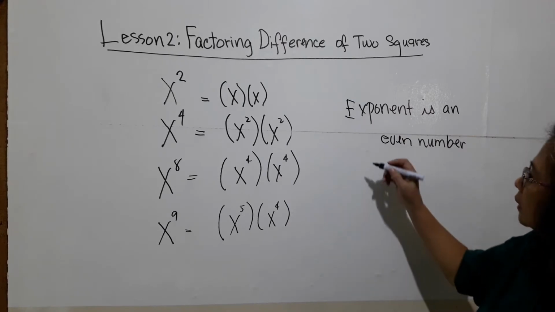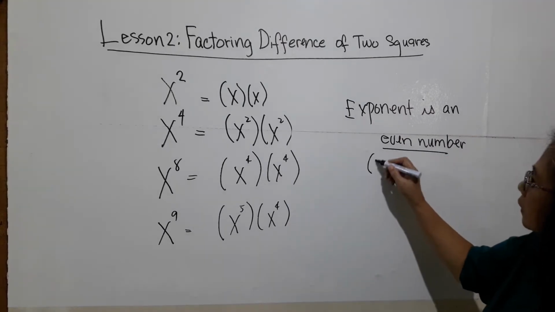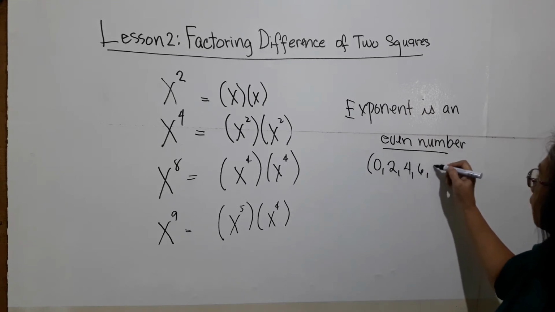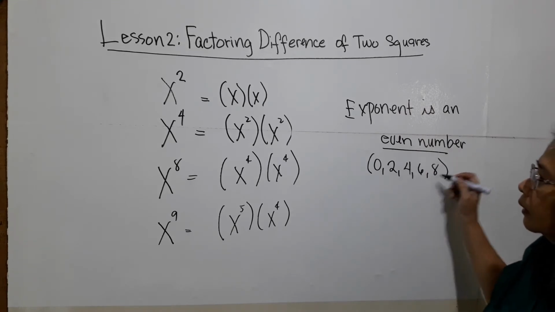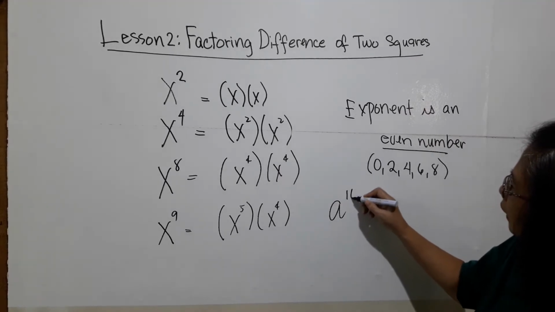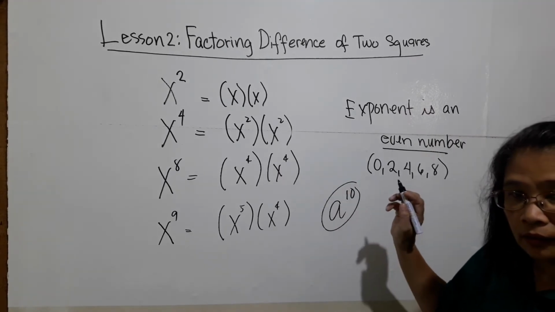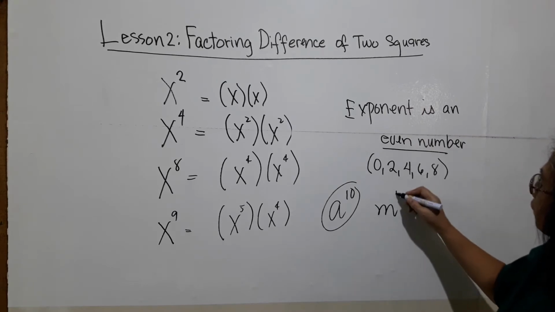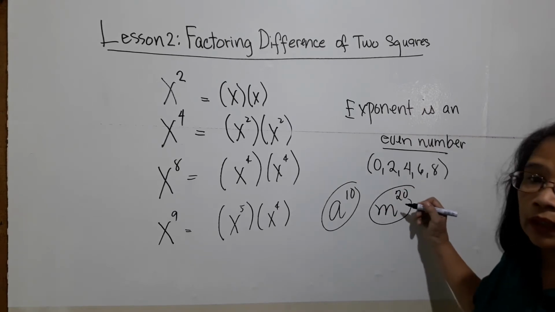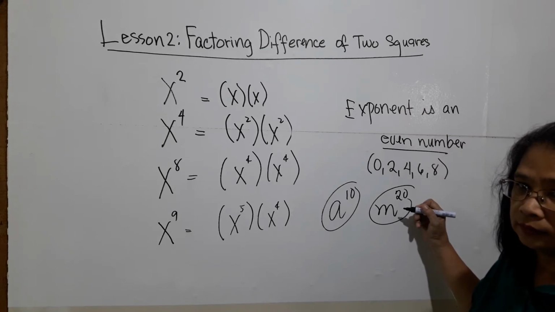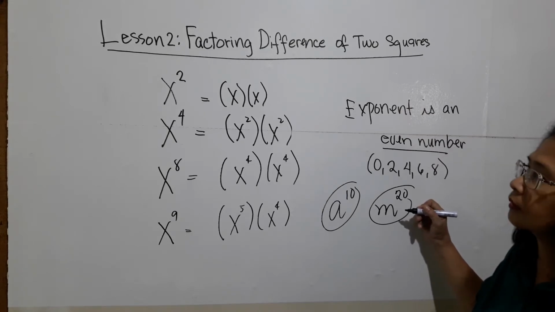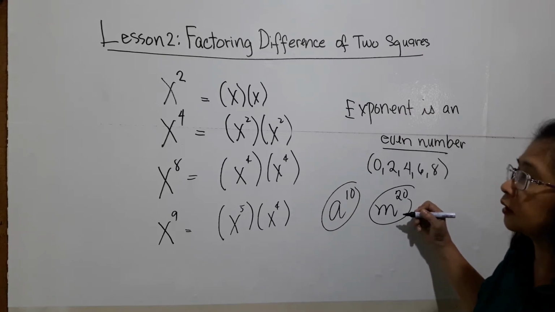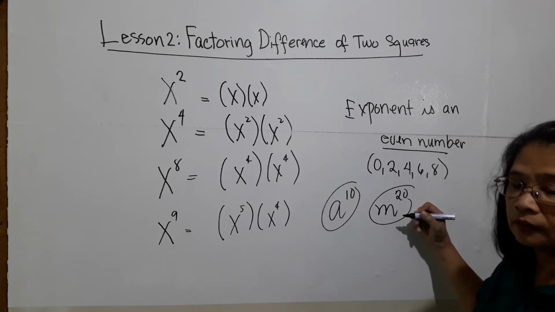They are numbers that end in 0, 2, 4, 6, and 8. If I have a raised to 10, is this a perfect square? Yes, it is. If I have m raised to 20, is it a perfect square? Yes. Do you now understand how to determine a literal coefficient as a perfect square?